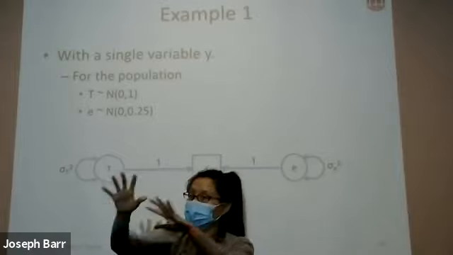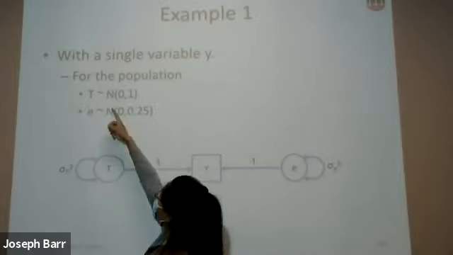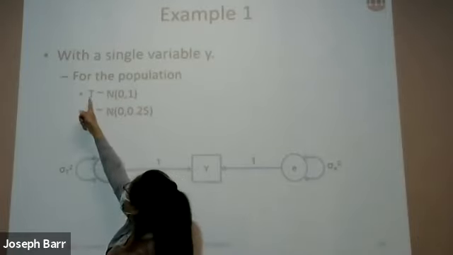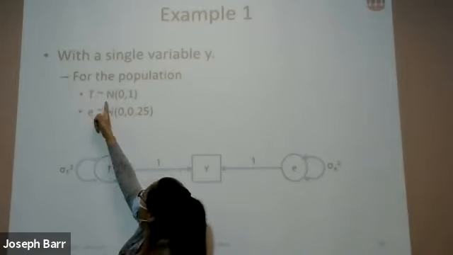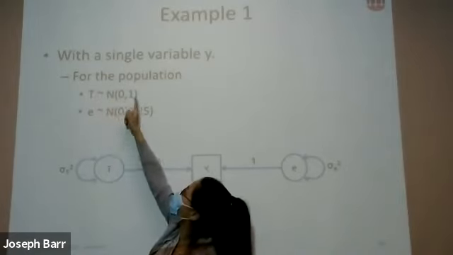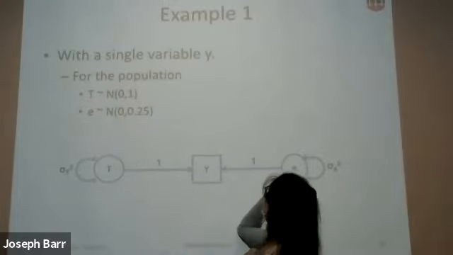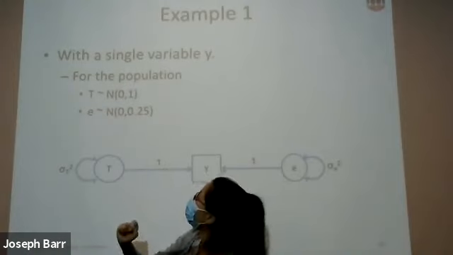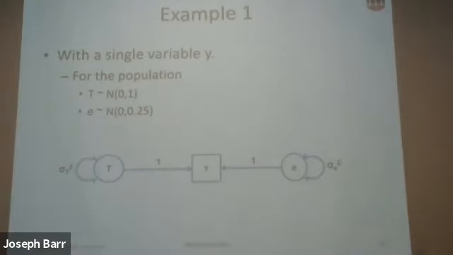The true part of this data, t, the true value, comes from a normal distribution, with mean here and variance here. The e part comes from a normal distribution, with mean here and variance here.